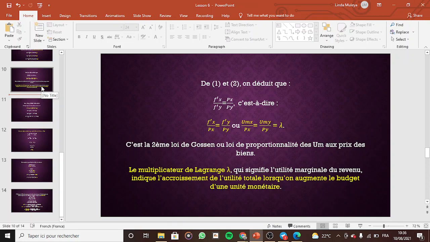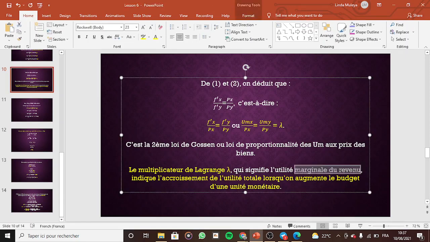The meaning of this symbol is it shows the marginal utility of your revenue. Up until this point, we've been looking at the marginal utility of our goods, but Lagrange shows you the marginal utility of your budget or of your revenue.